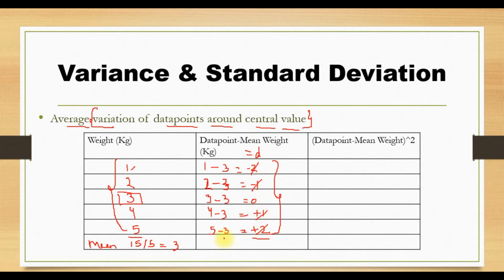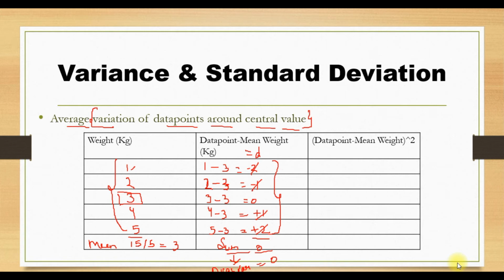So the resultant sum will be 0, and because of this the average variation will be 0. So guys, please remember this point. Whenever we add up deviations of data points from their mean value, the sum will always be 0. This is the property or characteristic of mean.